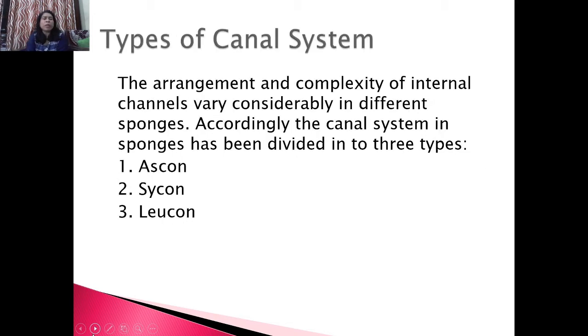So the arrangement and complexity of internal canals divides the canal system into three types: the Ascon type, Sycon type, and Leucon type. The most simple type of canal system is the Asconoid type, somewhat complex is the Syconoid type, and the very complex is the Leuconoid type.